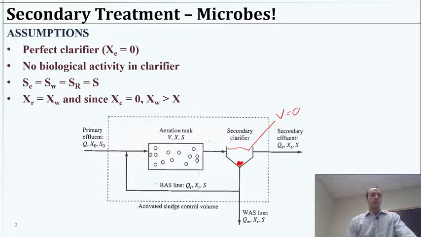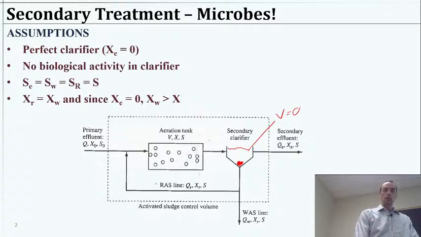And last, we noticed that XR in the return line here should always be above what's in here because we've concentrated it. XE should be 0. XR should be larger than what we had in our tank. And XR is the same thing as it's leaving out the waste.